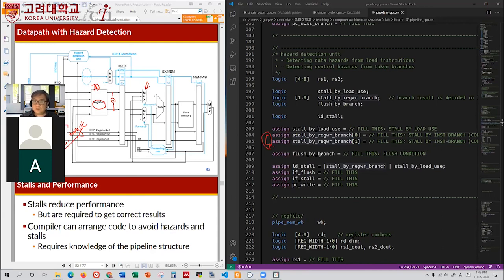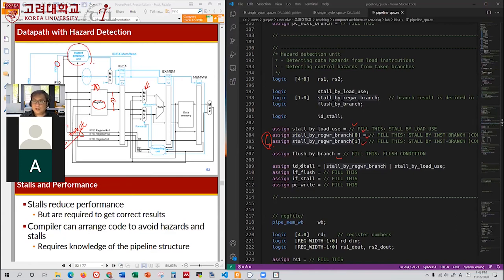And then this is the flush by branch. That means if the branch is taken, then we need to flush the instruction fetch stage. So the flush condition is something you need to complete, this signal. Also, these are the control signals from the hazard detection unit.